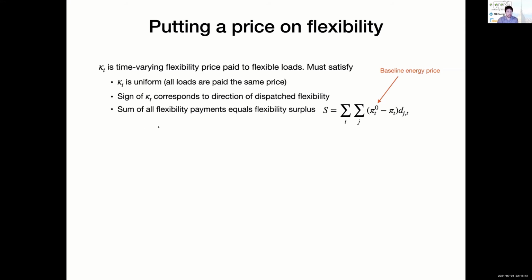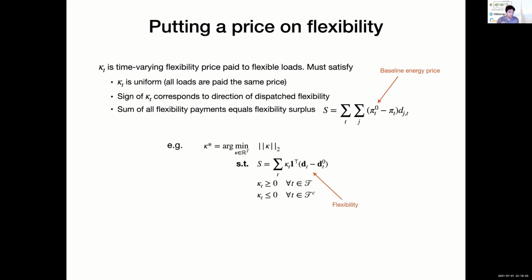Finally, the sum of all the flexibility payments needs to be equal to the flexibility surplus, and this flexibility surplus is this S defined as such. It's basically the difference in revenue in the market between the baseline case, so that's pi 0, and the flex case, which is pi sub t. And this is roughly the change in demand side welfare, and we want that change in demand side welfare to be redistributed in the form of flexibility payments.